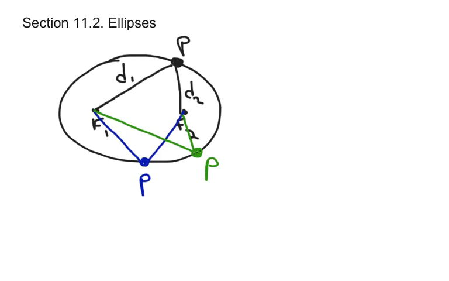The sum of the two distances from the point to each foci will be equal no matter what point on the outside of the ellipse that I choose.